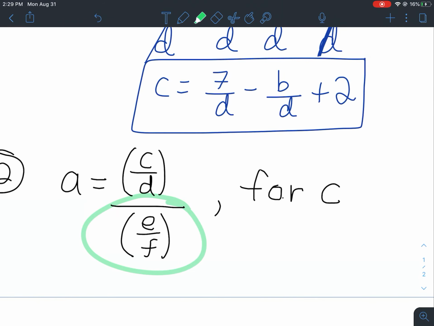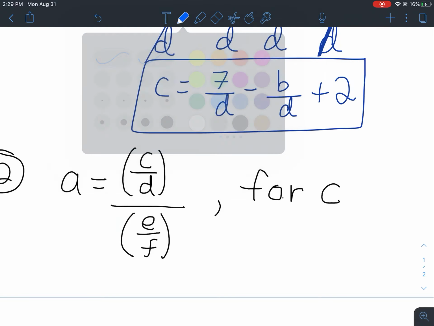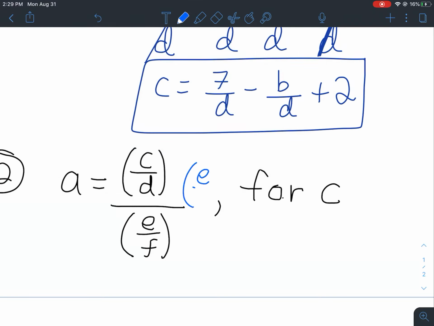To solve for c, we first have to get rid of this dividing. So if you think about it, the way that we get rid of division, that was on the quiz from last week, you get rid of dividing by whatever it is, a number, a variable, by multiplying. So the first step we're going to do is we're going to multiply both sides by e over f.